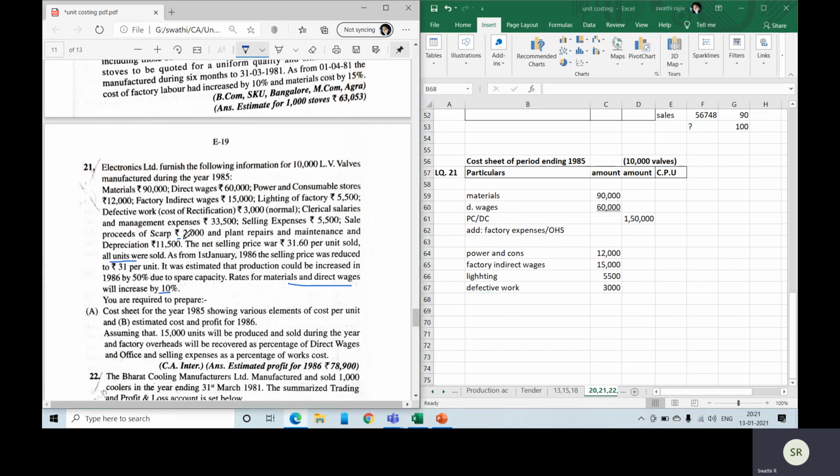Sale proceeds of scrap, if you remember, is to be reduced in the cost sheet. First we will add all items and then we will think of the reduction. Plant repairs and maintenance and depreciation, everything together. This is concerned with plant, so we will take it here. If it was office depreciation, we would have taken it in office and administration. Repairs, maintenance and depreciation is 11,500.